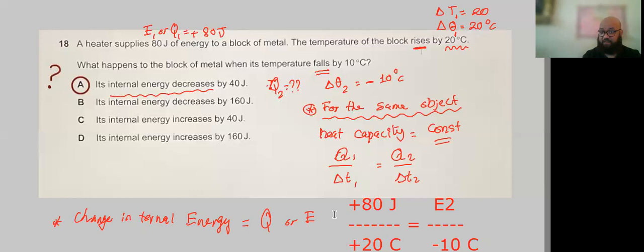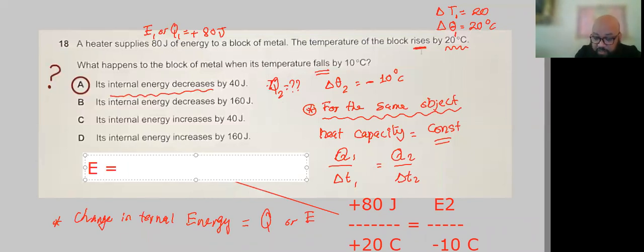Okay, by using this calculation, we can find that E2 equals what? Equals negative what? Negative 40 joules. And negative 40 joules means, negative means decrease.